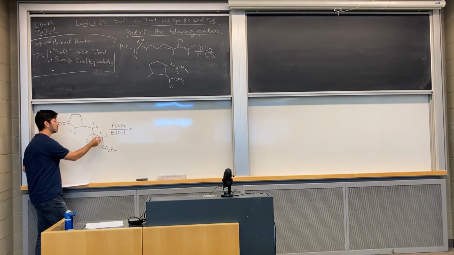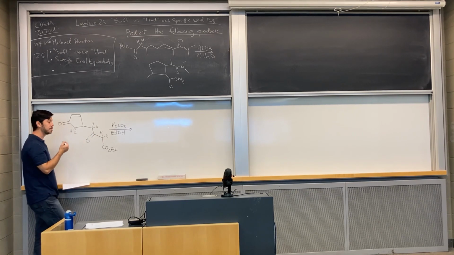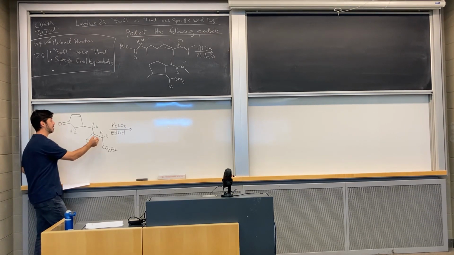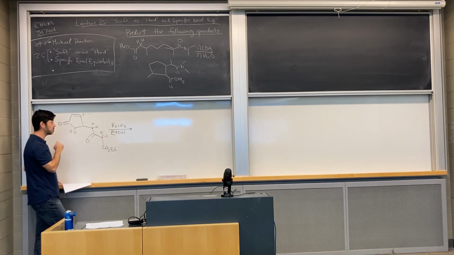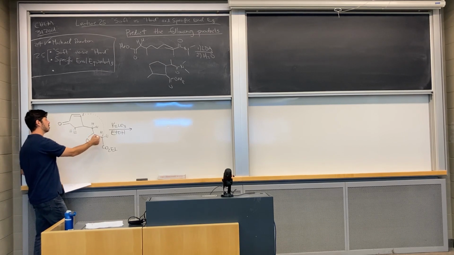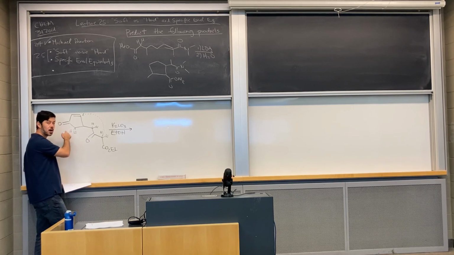When that forms, we look for potential favorable ring formation. If this comes and reacts, you have a potential 5-membered ring. If you have this react over here, you have a 6-membered ring, but you can see that it's going to be this unfavorable bridged complex.